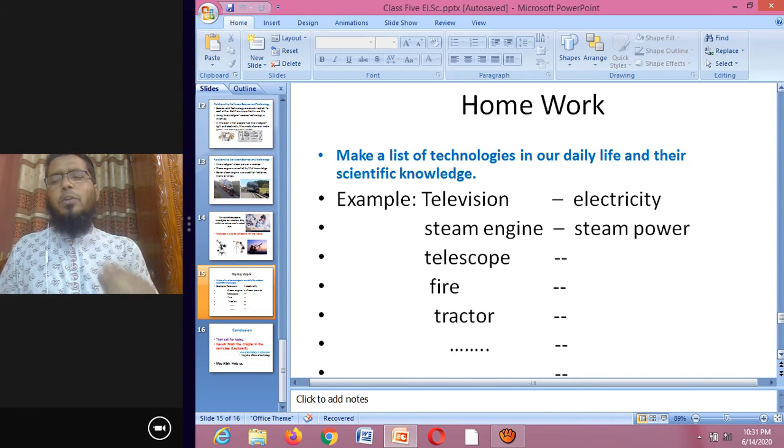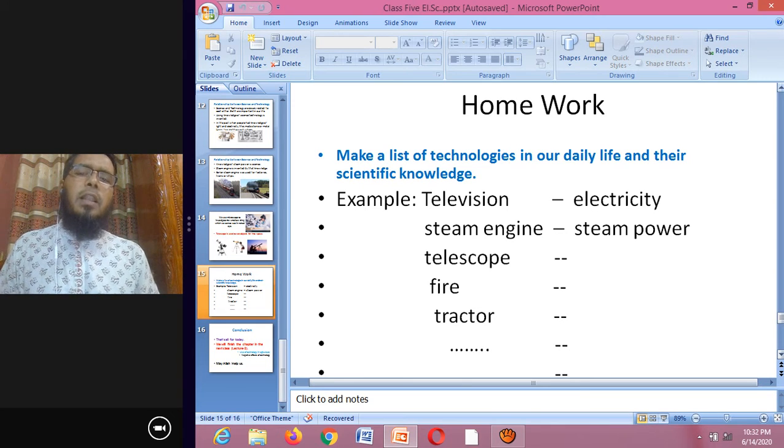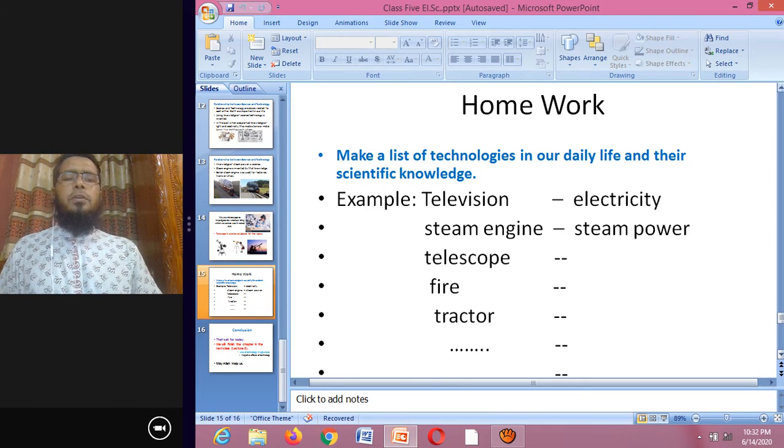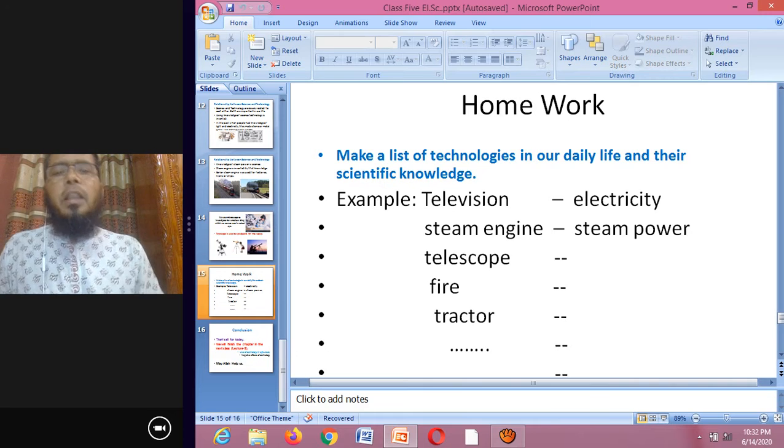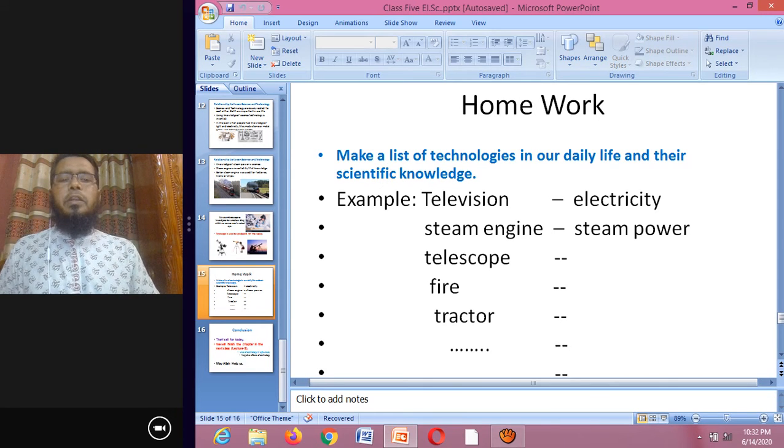That means what technologies are used in our day-to-day life, and what they come from. For example, television is a technology. It has come from electricity. Basing on electricity, television is created. Like that, steam power is the science and the steam engine is the technology.